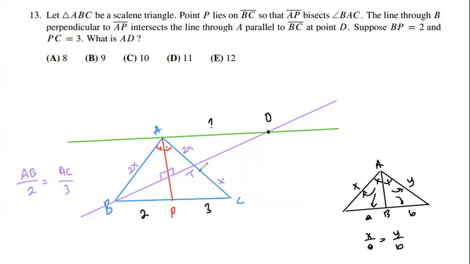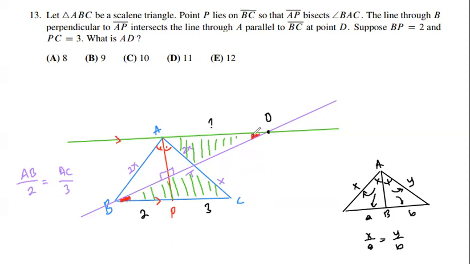At this point, you can try to see two triangles that are similar, and since we have x and 2x, we probably want to use that. We know BC, we know these two pieces, and that's what we wanted. If you see that this triangle right here and this triangle right here are similar, the reason is that the angle right here is the same as this angle because we were told these two lines are parallel.